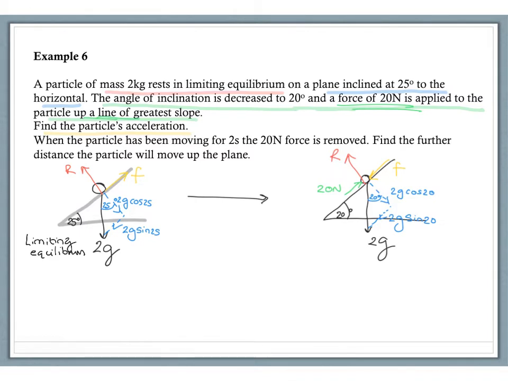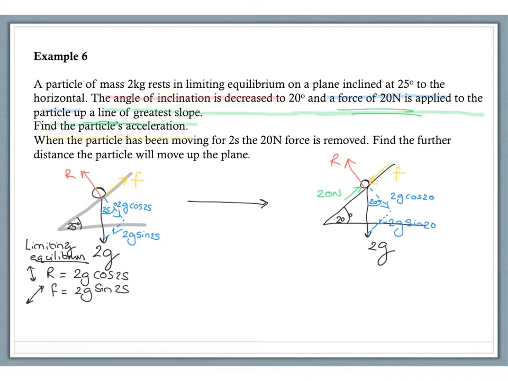So limiting equilibrium in the first scenario, perpendicular to the plane, we know that R is equal to 2g cos 25, balanced forces, equilibrium, remember. Parallel to the plane, we know that F is equal to 2g sine 25. Then we can use F equals mu R to calculate the coefficient of friction.